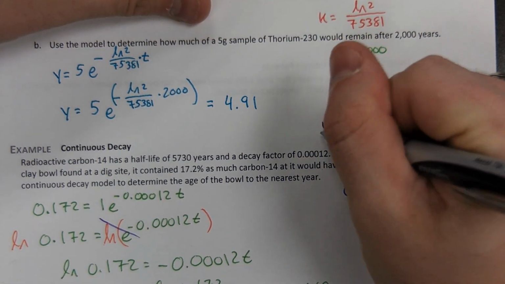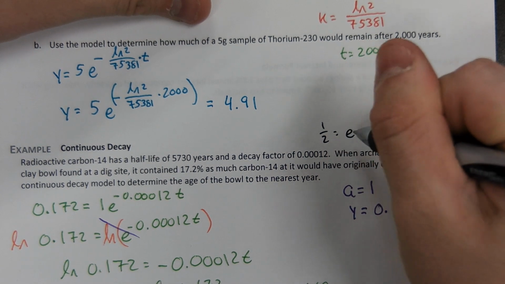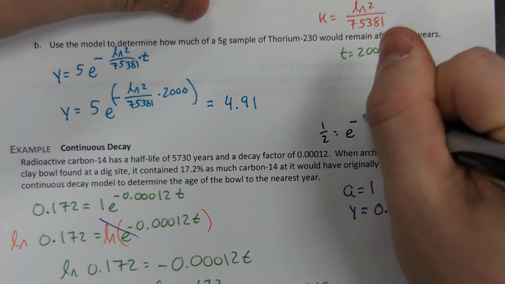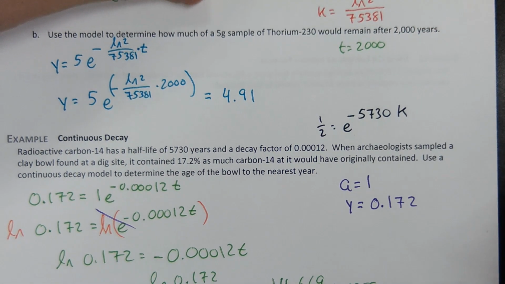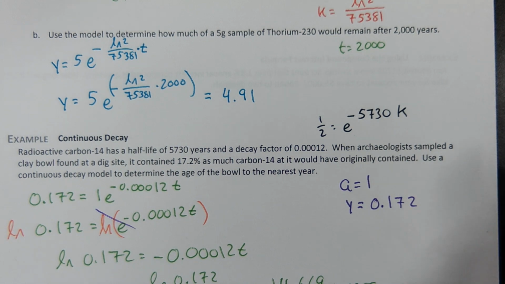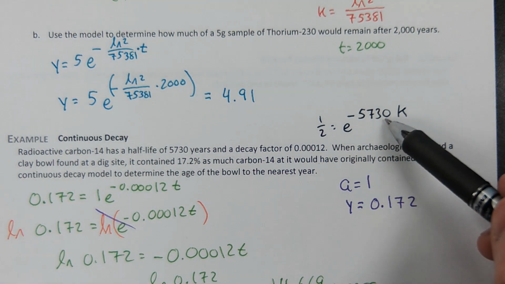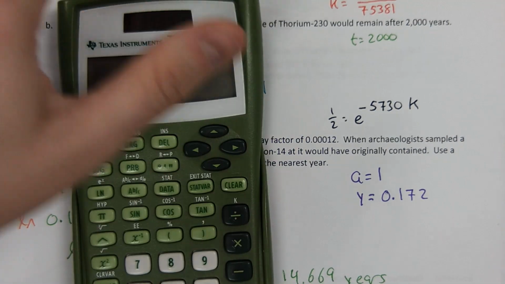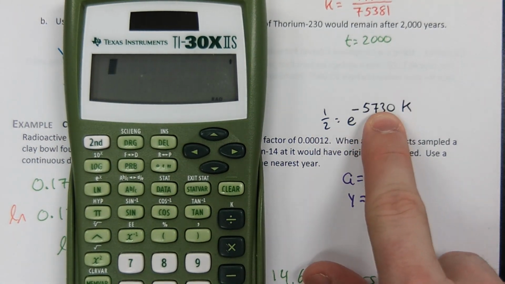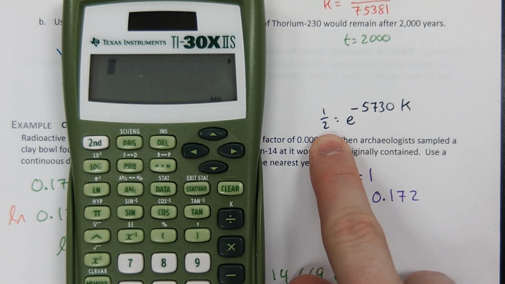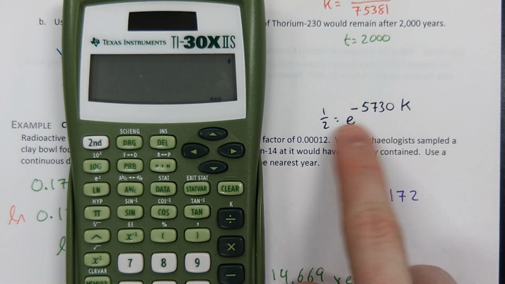Like if I did this, so this is how I would solve for K. I'd have to take the natural log of both sides and then divide by that number. This is a truth. After this much time, I have half left over. So I take the natural log of both sides.